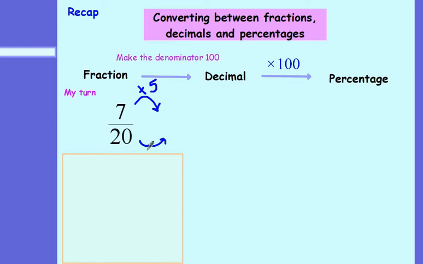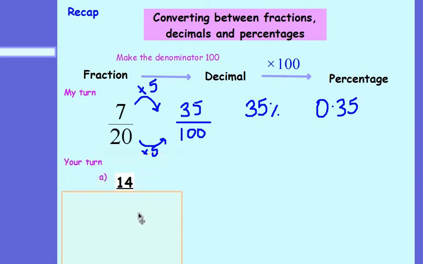Why do I want to multiply top and bottom by 5? Because I want to get my denominator to be 100. 7 times 5 gives me 35. 35 out of 100 is 35%. Or we've got 35 100ths, which would give me 0.35.